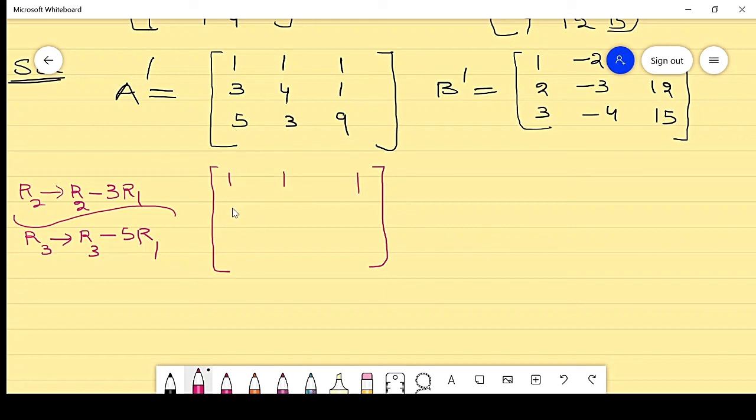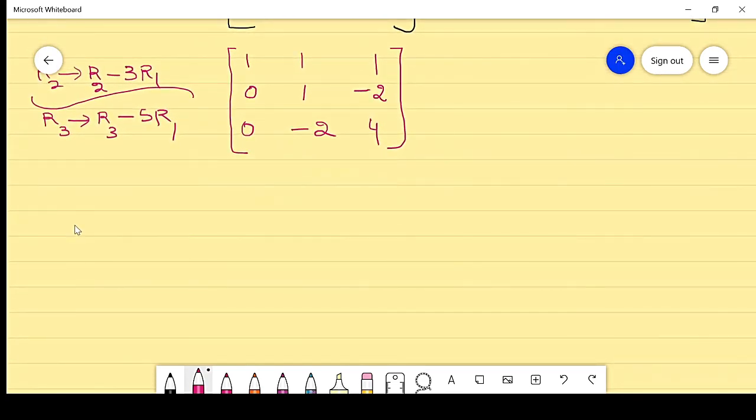Then 0, 1, and here 1 minus 3 is minus 2, then 0, 3 minus 5 is minus 2, 9 minus 5 is 4. So that is my first step of row reduced echelon form.